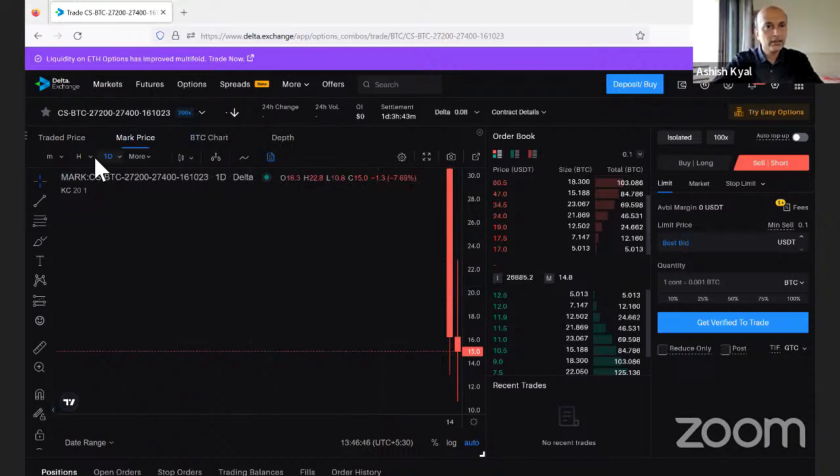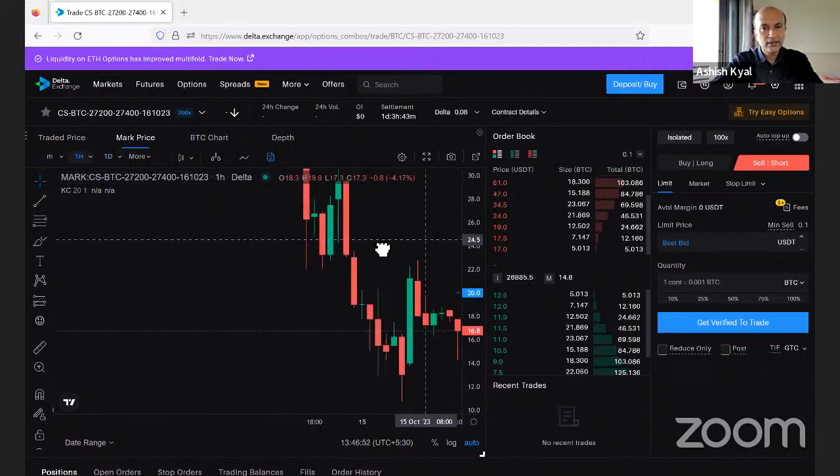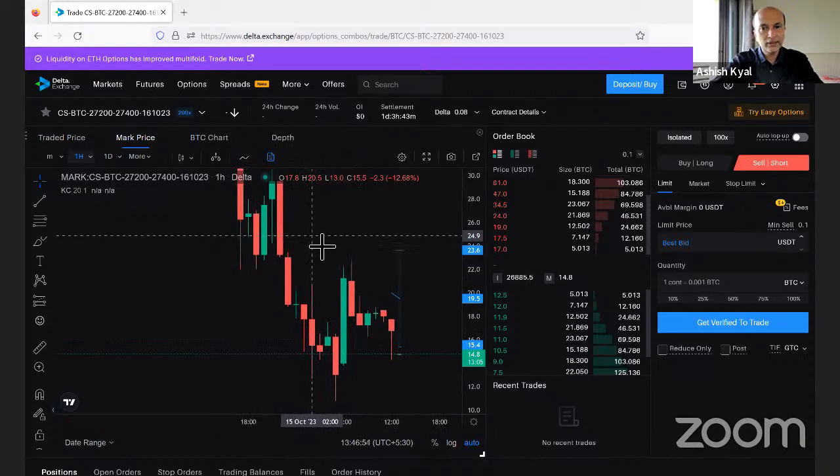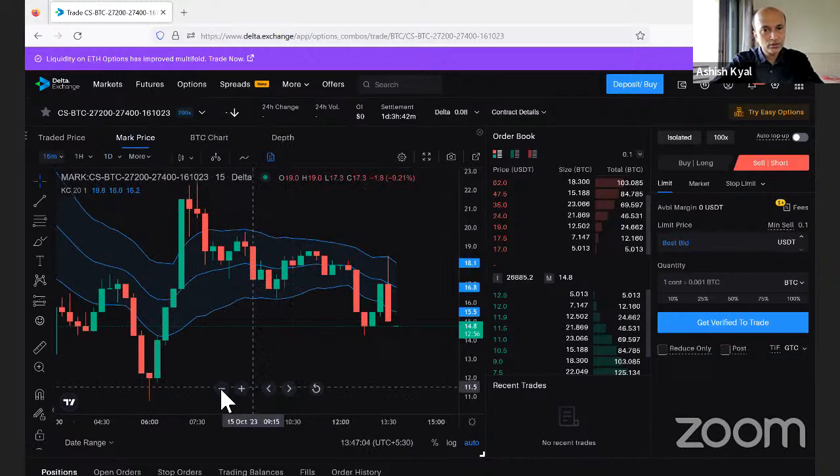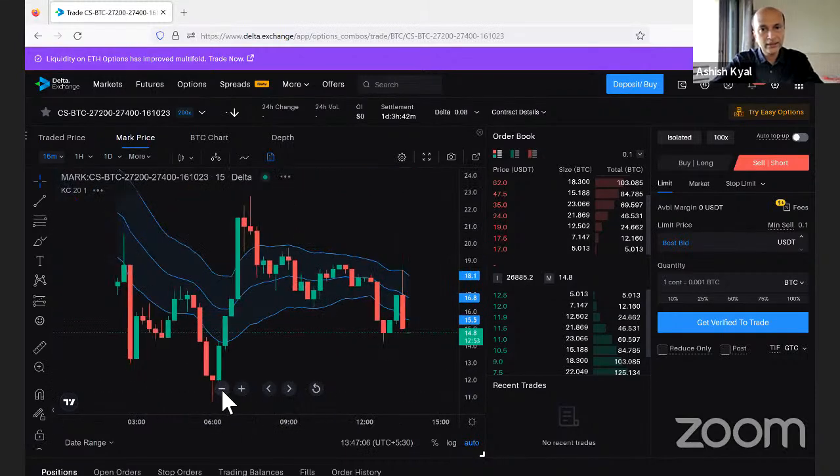Okay, so here we can simply go on the 1 hour chart and see if we have anything over here. We can even do it on a 15-minute chart, and see if we are getting some range.